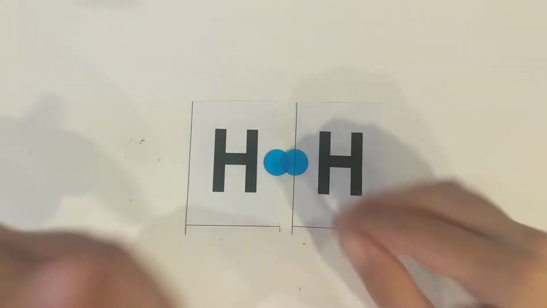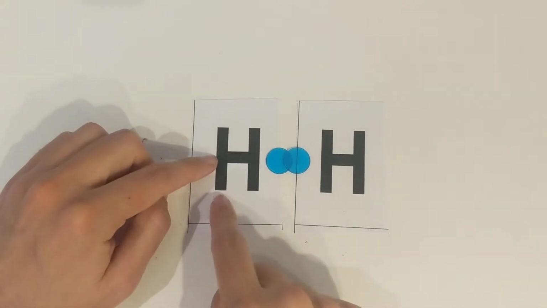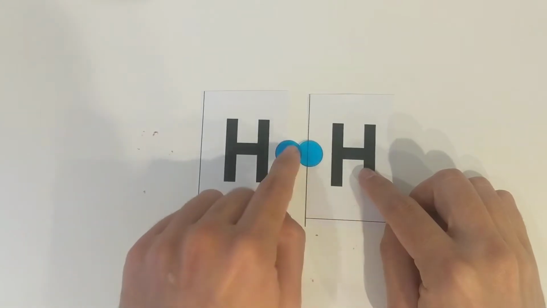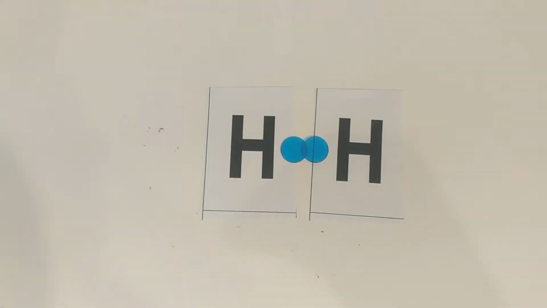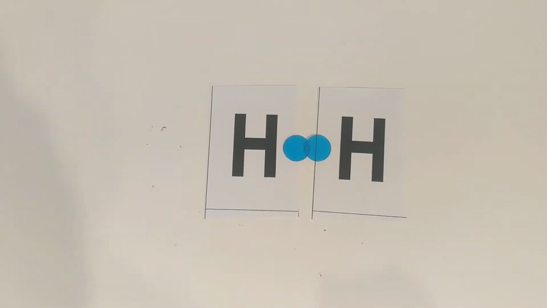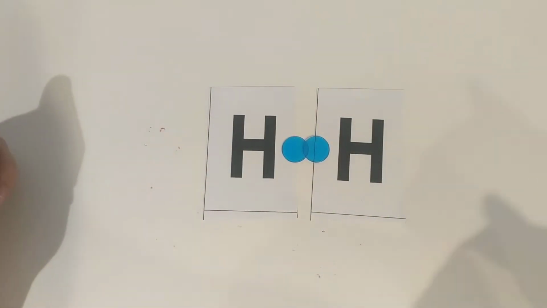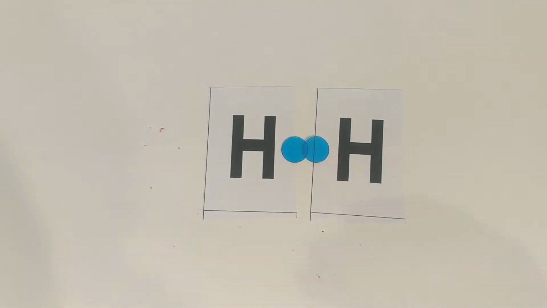And if they both share with each other, you can see this hydrogen would have two, and this hydrogen would have two. So you can see when you're making a covalent bond, both of the atoms have to put in an equal amount of electrons, and both atoms get that same amount of valence electrons back.